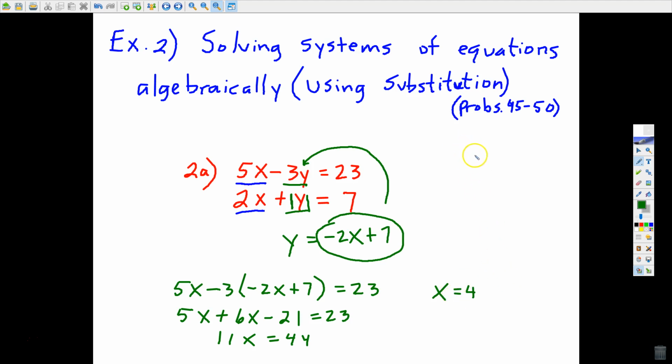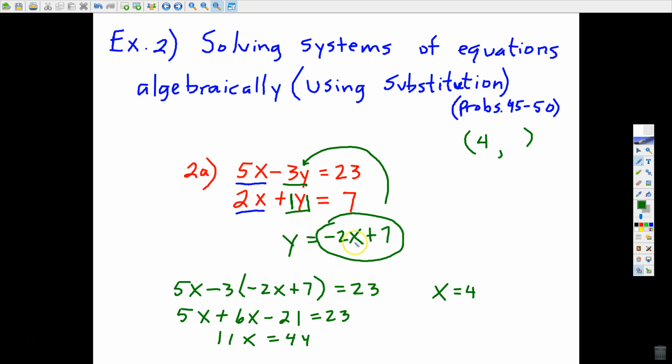So remember, the solution to a system is the solution for x and y. So we're going to write this answer as an ordered pair. I know what the x part of the ordered pair will be. Now I need to find the y part, and the easiest way in this case is to go to this equation that's already solved for y.